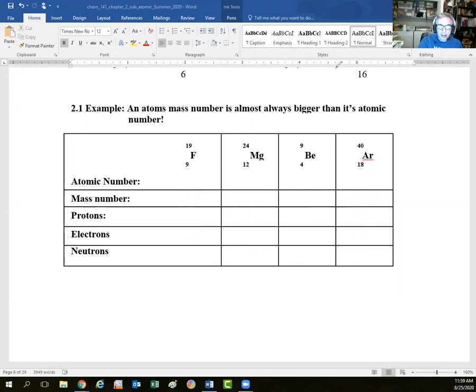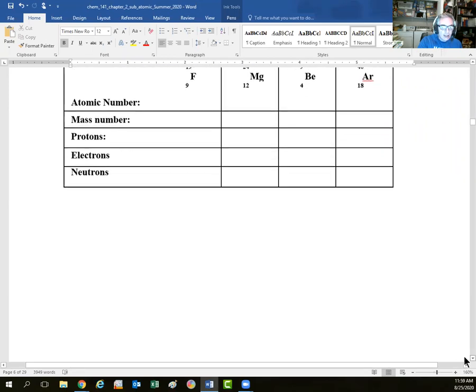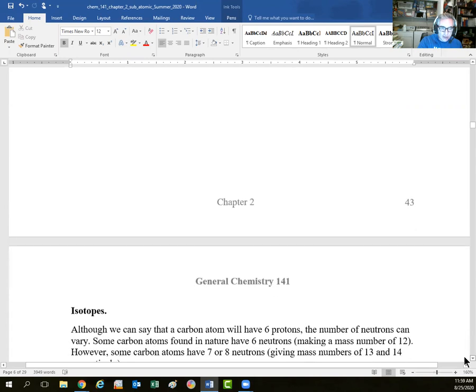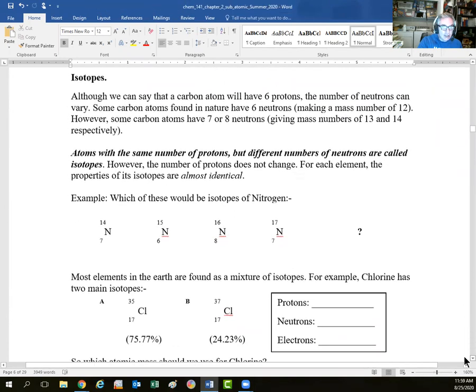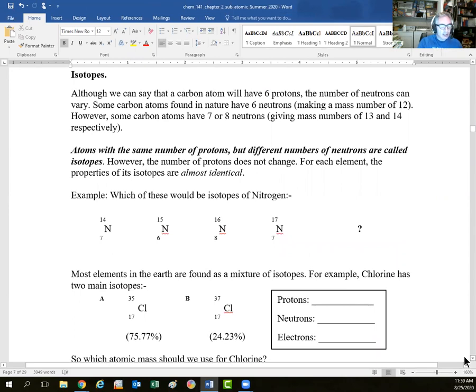Okay, let's move on. So although the atomic number is distinctive and unique for atoms of each element, the number of electrons is not, and we'll talk about that next week as we talk about ions when there is a charge. Also the number of neutrons isn't unique for atoms of an element. The number of neutrons can vary.